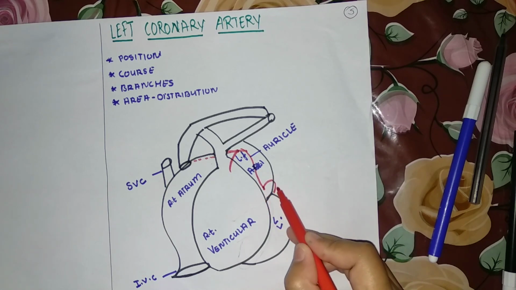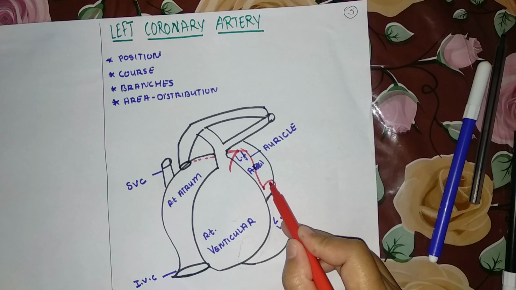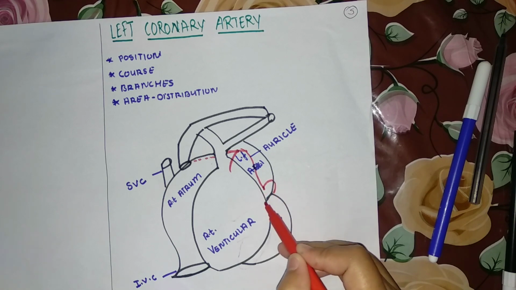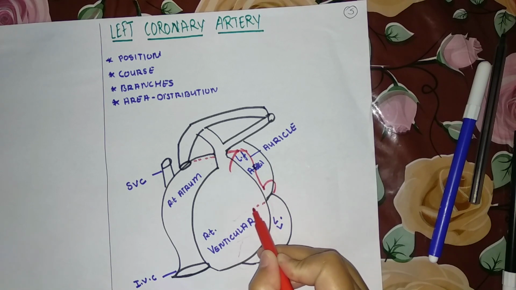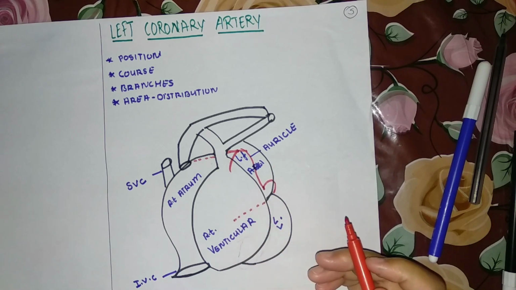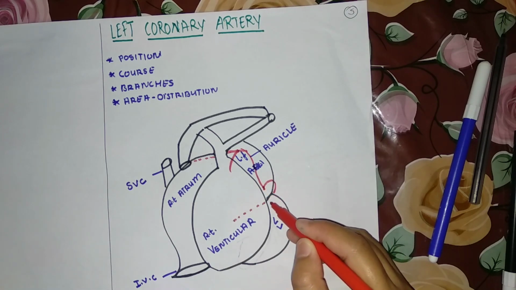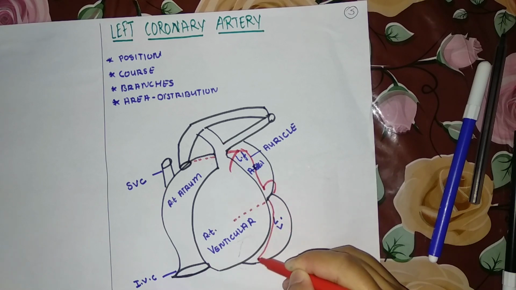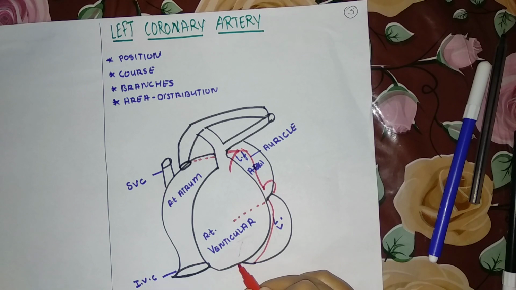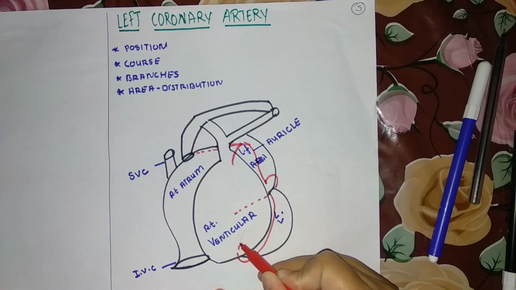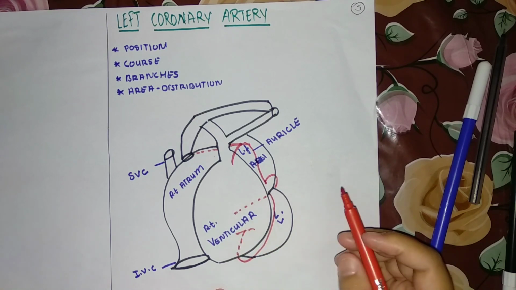This is the circumflex artery, and it goes to the posterior side. Dotted means posterior side. Then the descending artery comes downward, and again it goes back to the posterior side.